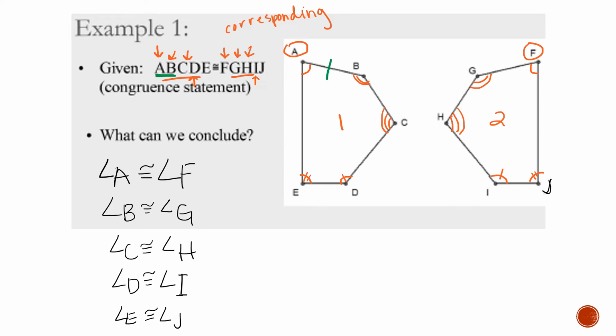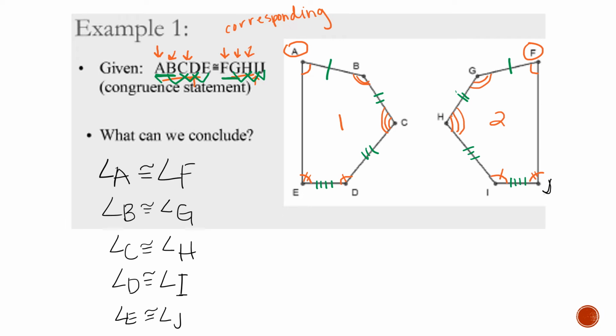The corresponding side would be the first and second letters in the second part of your congruency statement, so that'd be F to G. Okay, so then if we look here, B and C comes next, and G and H, that means B to C should be congruent to G to H. Okay, C to D and H to I, so I could draw 3 on there. Okay, and then I have D to E, and I to J, so then I draw 4 on there.